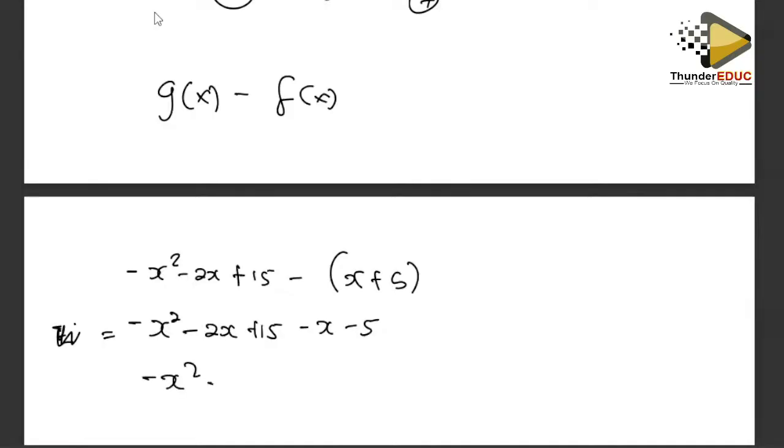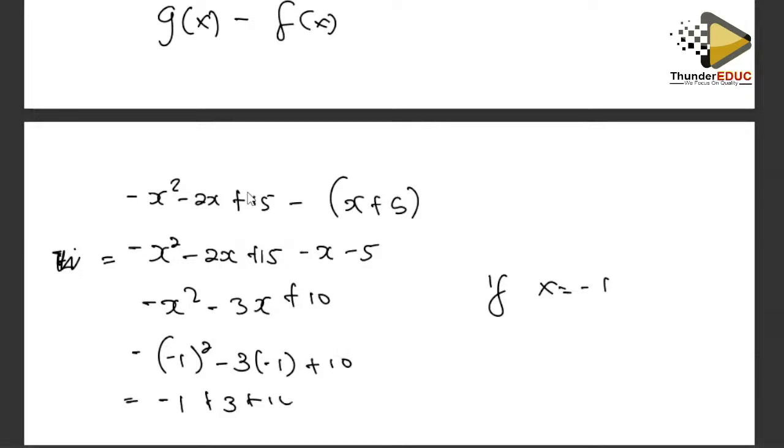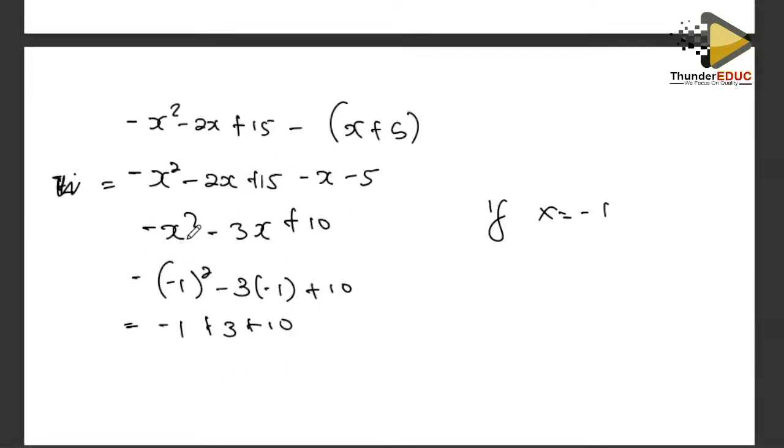You can simplify if you want. So -x squared minus 3x plus 10. Then just replace x with -1. So if x is negative 1, so that is -3 times -1 plus 10. Simplify this: -1 plus 3 plus 10.